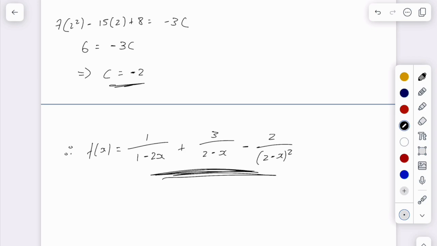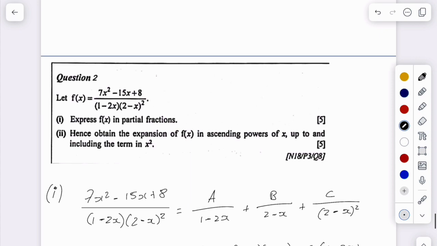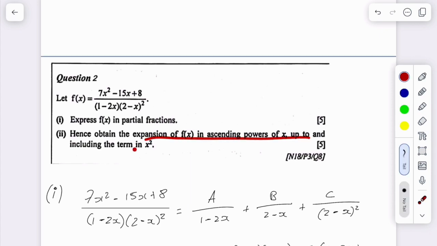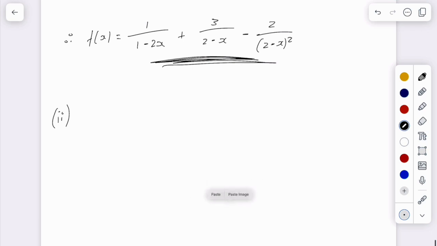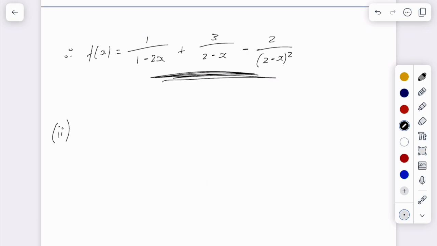Now, that's the first bit. Now, obtain the expansion up to x squared. Well, this is just a very simple case. f(x) is equal to this.